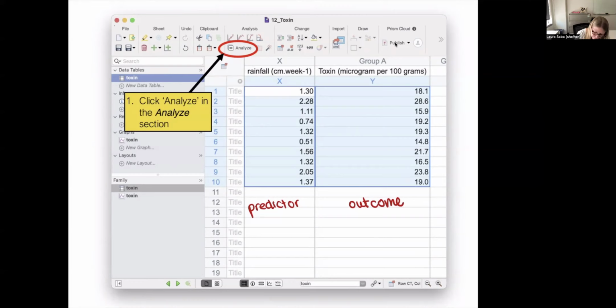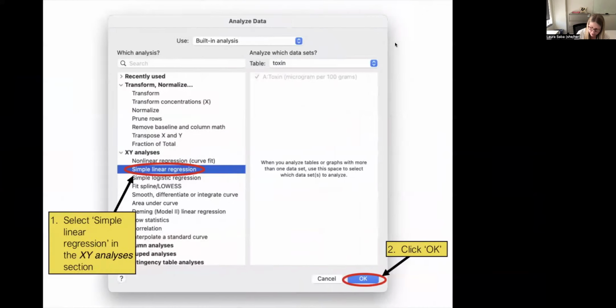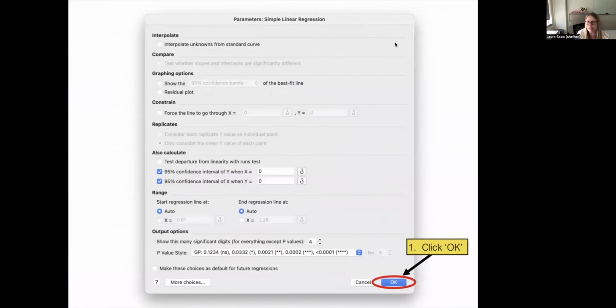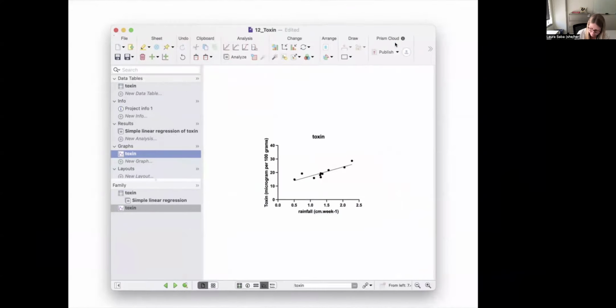We could have said this was plot A, plot B, if we had measured it with some kind of designation. We're going to ask for the simple linear regression. Just like when we drew the line for our correlation analysis, we're not going to change any of our defaults. By default, it'll calculate that simple linear regression for us exactly the way we want.